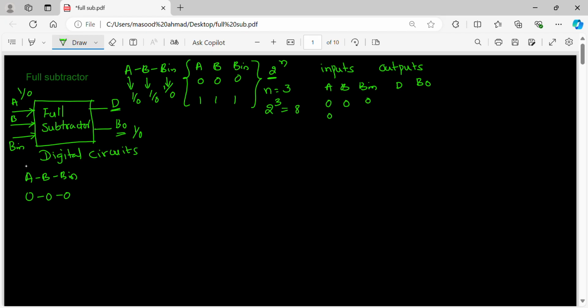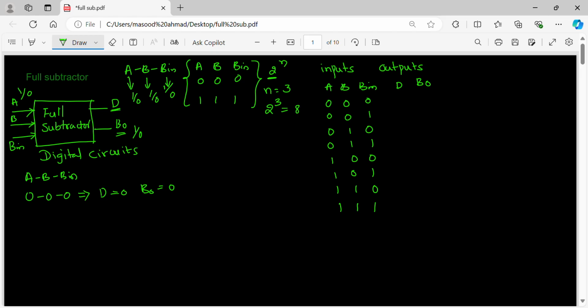So let's write all possible combinations. 0 0 0, 0 0 1, 0 1 0, 0 1 1, 1 0 0, 1 0 1, 1 1 0, 1 1 1. This is exactly the case. Now let's look at this. 0 minus 0 minus 0 is 0. So from this, difference is 0, borrow out is also 0.